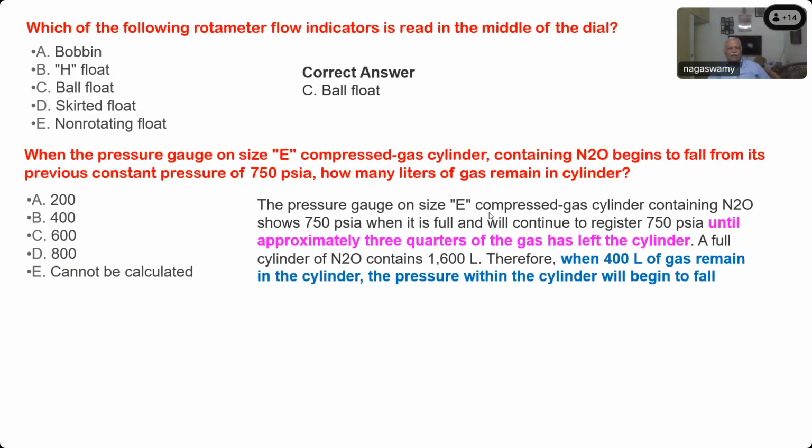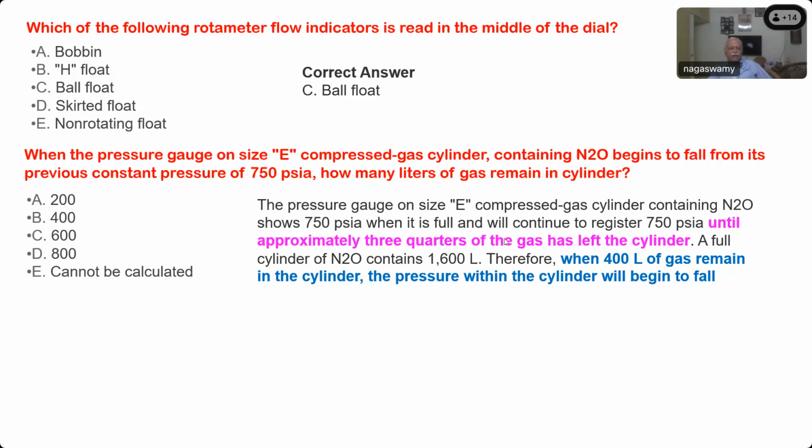The pressure gauge on a size E compressed gas cylinder containing nitrous oxide shows 750 psi when it is full and will continue to register 750 psi until approximately 3/4 of the gas has left the cylinder. A full cylinder of nitrous oxide contains 1600 liters. Therefore, when 400 liters of gas remain in the cylinder, the pressure will begin to fall and gradually come to zero.